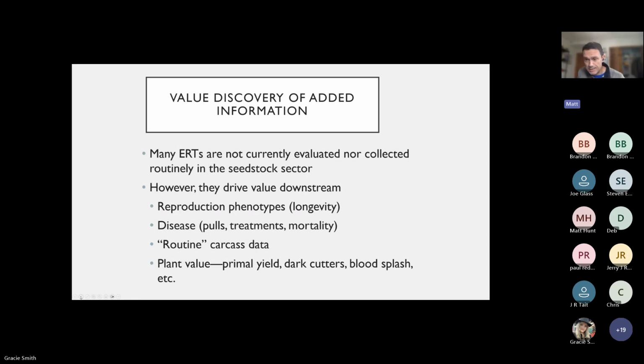Because I think the closer we can get to making selection decisions that improve their profit, the better off we are. Next slide.